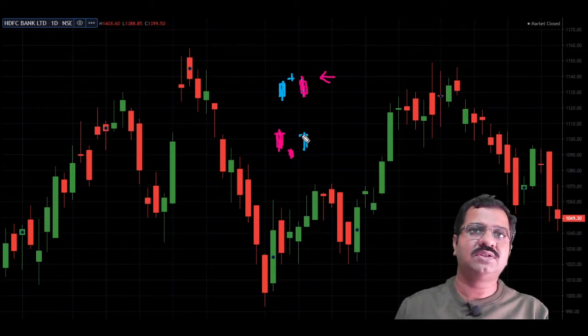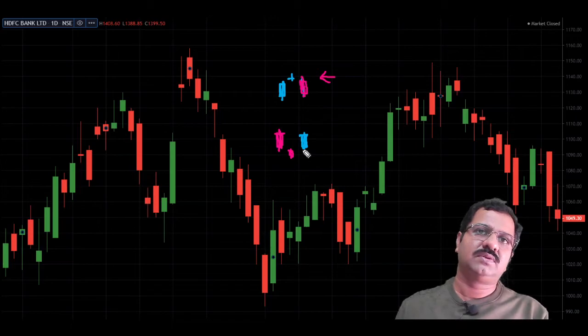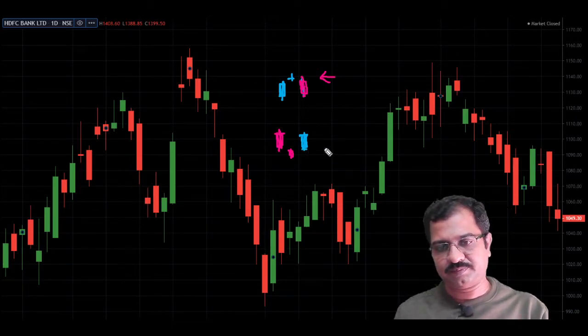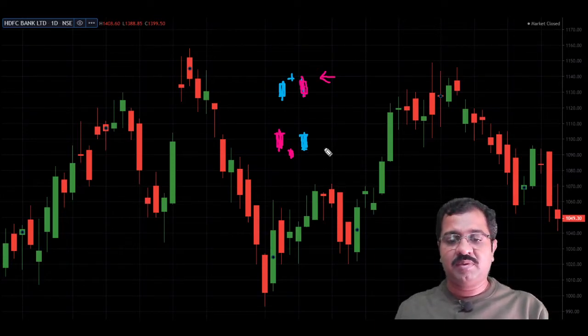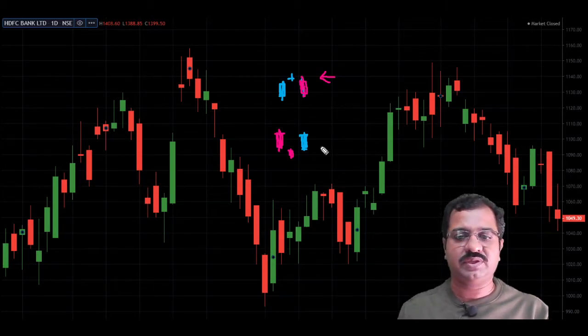These are three consecutive candles. These should form immediately one after the other. If this structure forms, this is called morning star. This is also a probable reversal, but this pattern should form at the bottom of the swing.